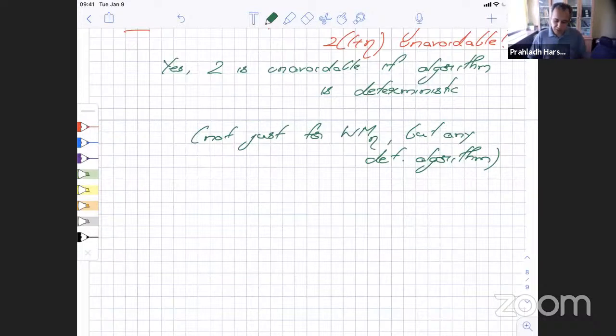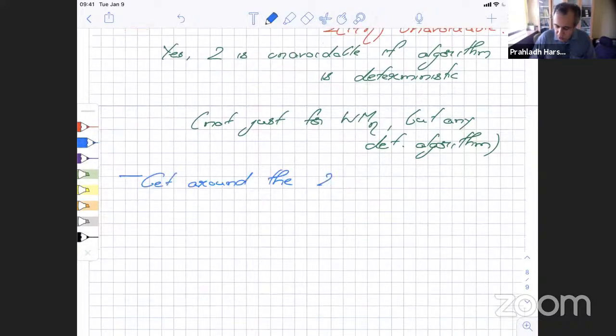So this is what I will call getting around the two multiplicative factor using randomness.